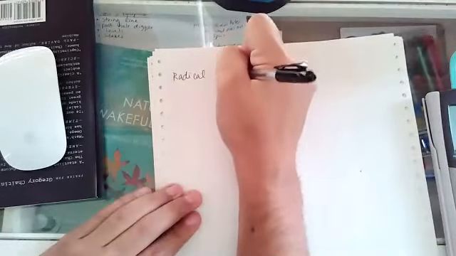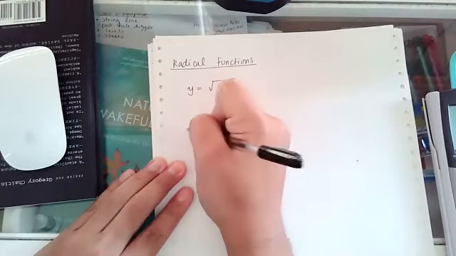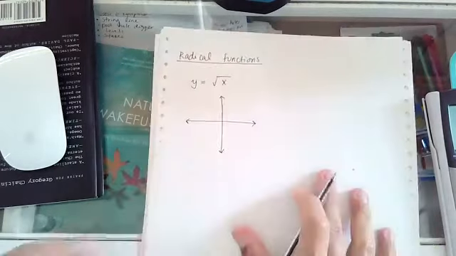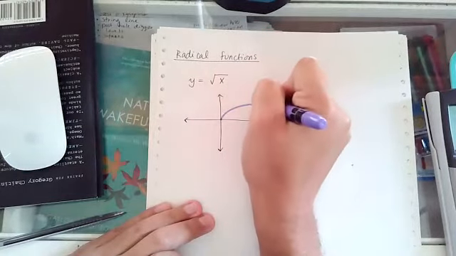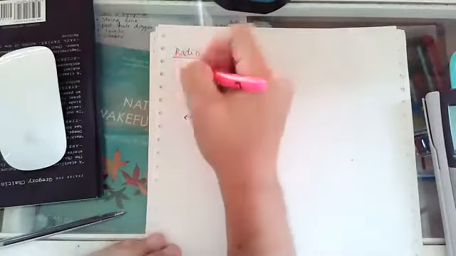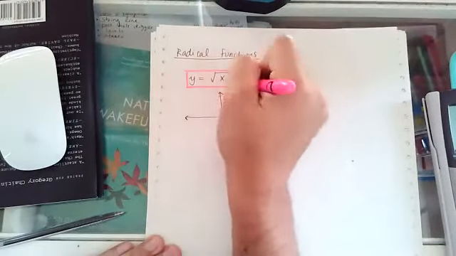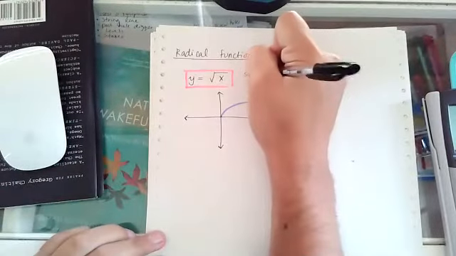So y equals the square root of x. So the graph of these guys looks something like this. And I'll call this the square root function.